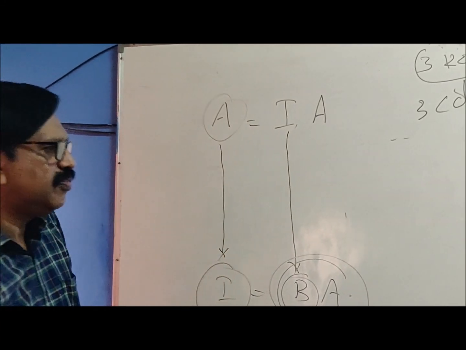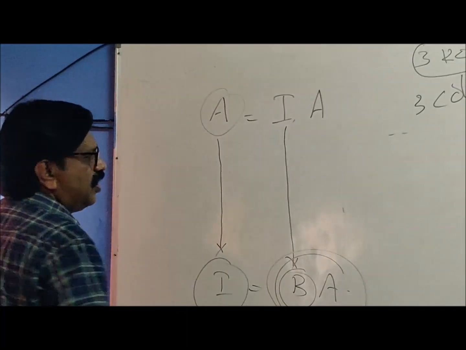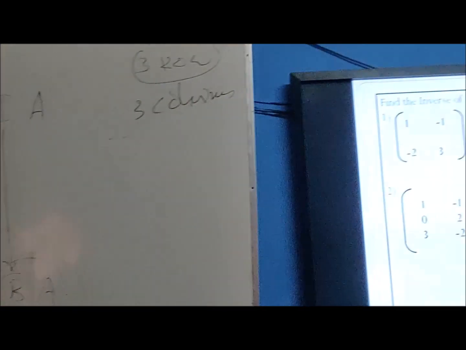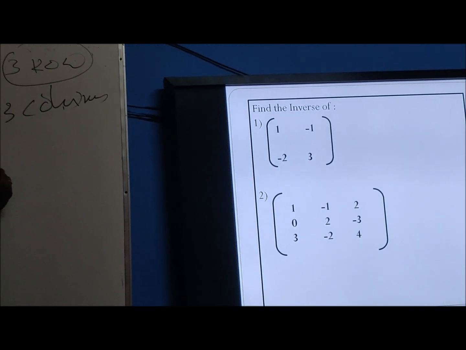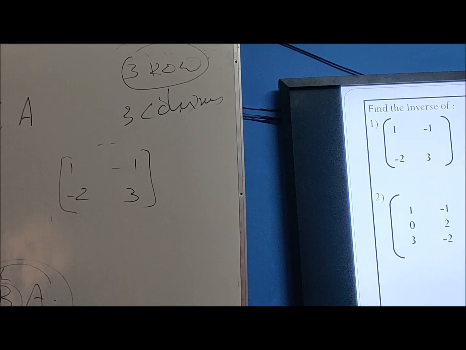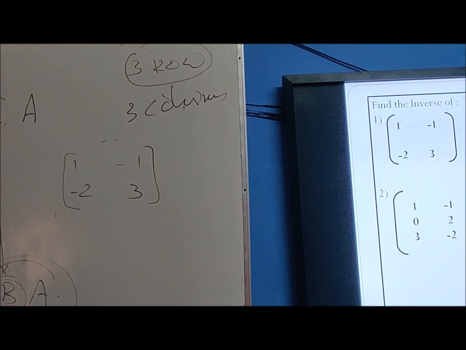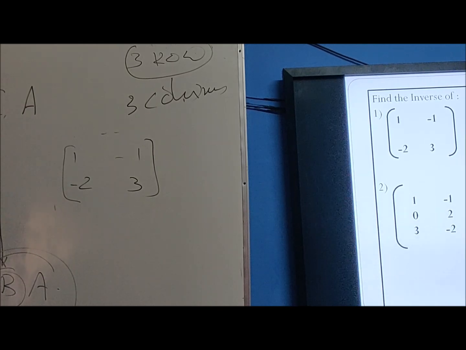Now, one example we will see, how we can find the inverse of a matrix. Suppose a simple question I am doing. Find the inverse of the matrix 1, minus 1, minus 2, 3. We have to find the inverse of the matrix 1, minus 1, minus 2, 3.